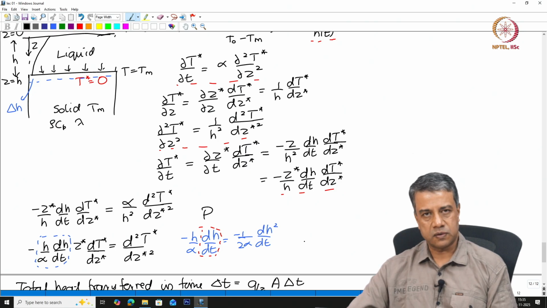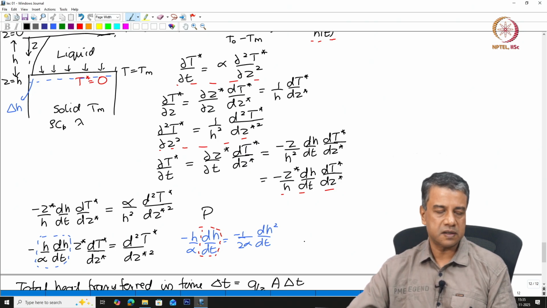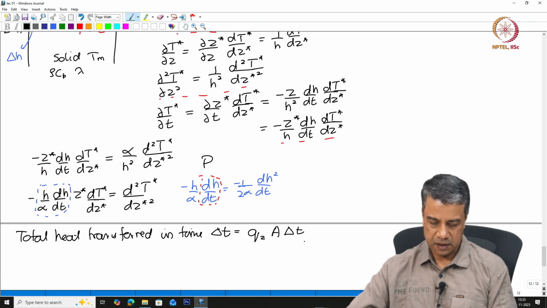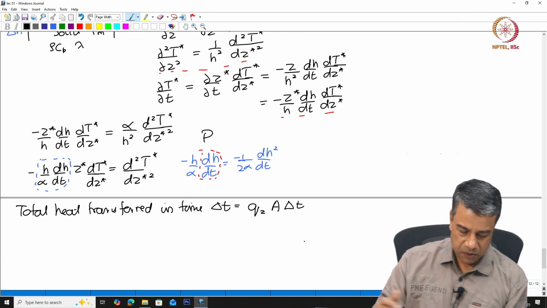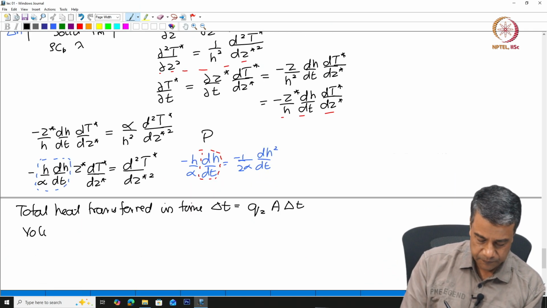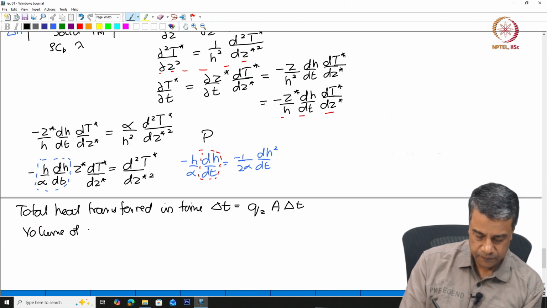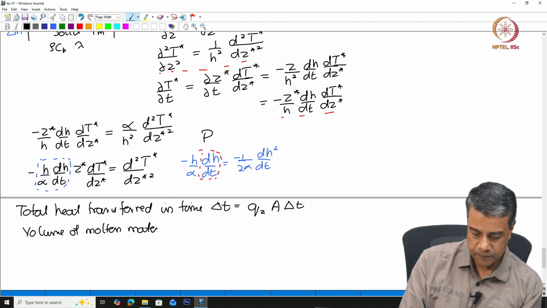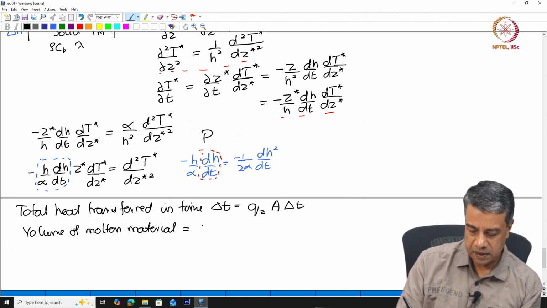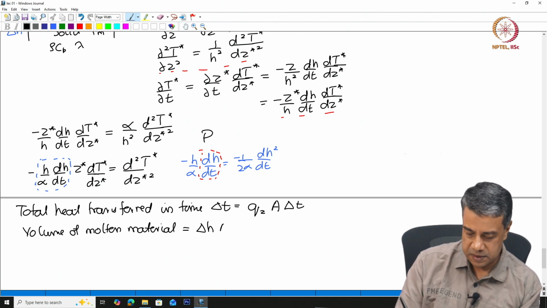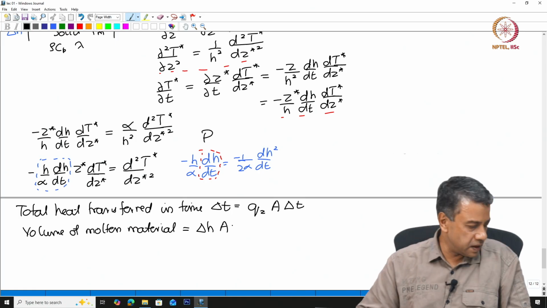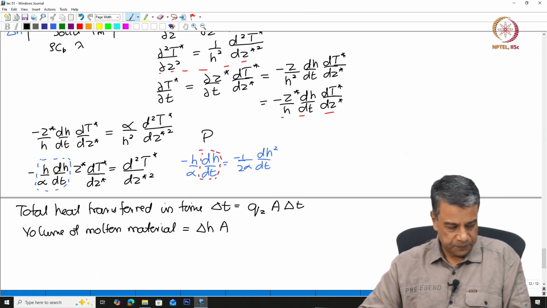So, if the interface goes down by a distance delta h in a time delta t, total heat transferred is qz A into delta t. The volume of molten material in a time delta t is going to be equal to delta h times A. That is the volume that is melted in this time delta t.